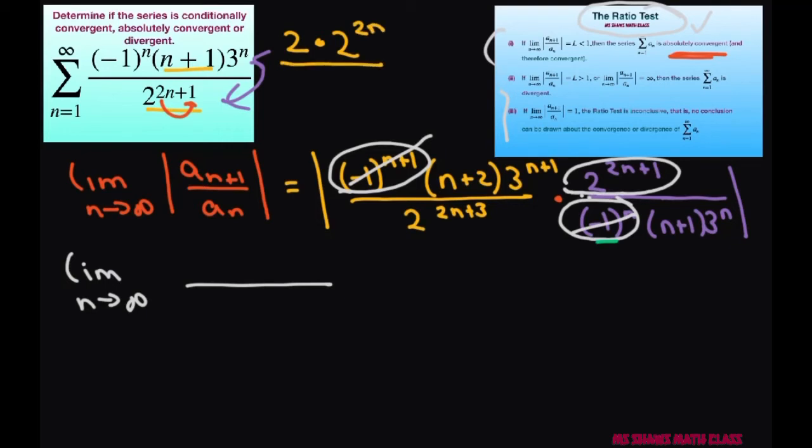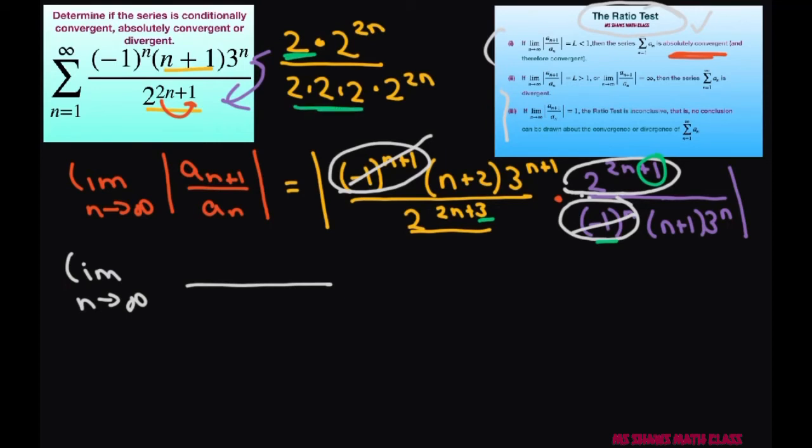Divided by, this one is going to be 2 times 2 times 2 times 2 to the power of 2n. So basically this 1 means we have this extra 2 here. This 3 means we have 3 extra 2's.